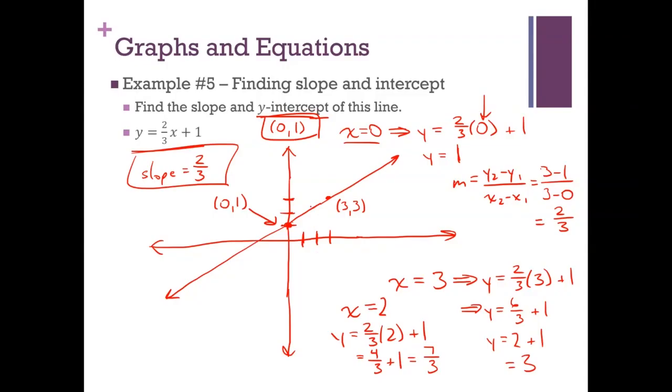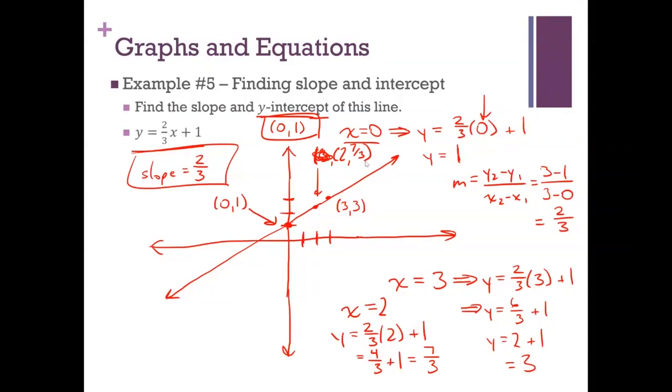So x equals 2, y equals 2 and a little bit more. But when I asked for a second x value, it does not matter what the second x value we choose is. That's not 3. 2, 7 over 3.